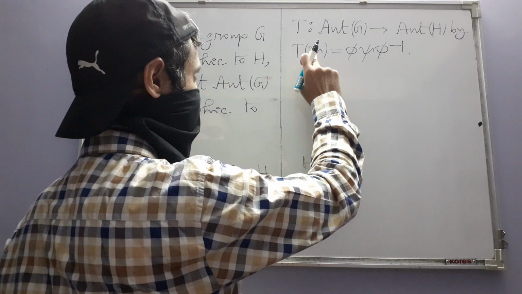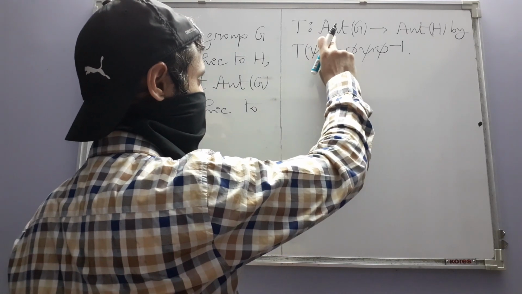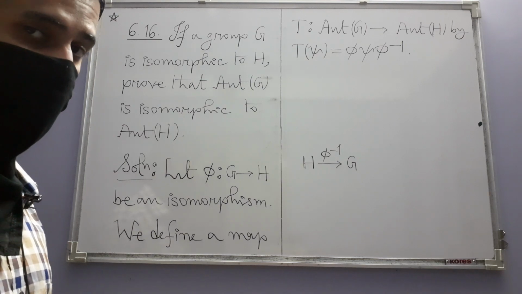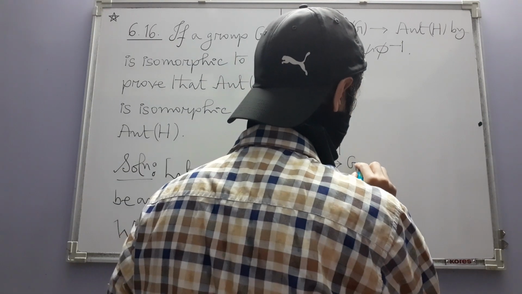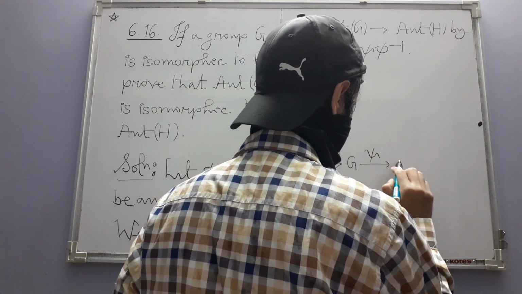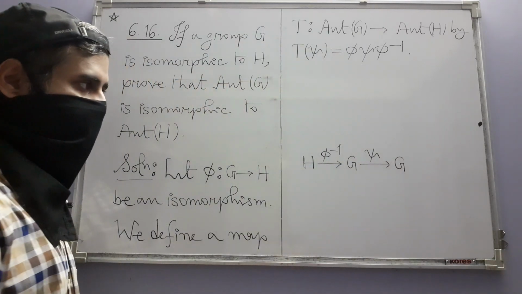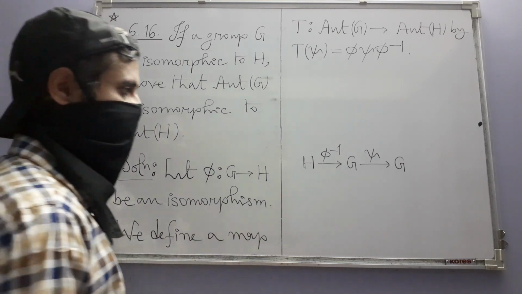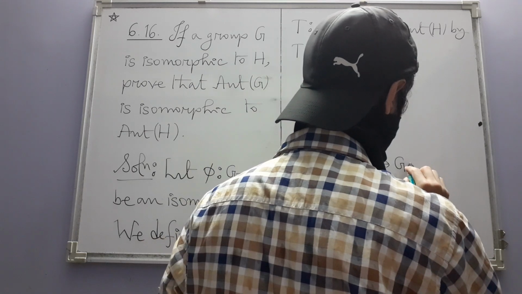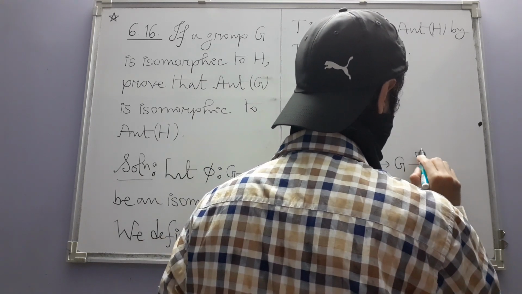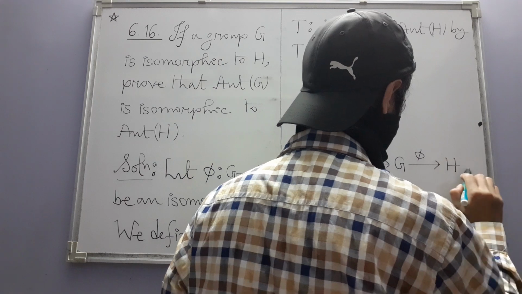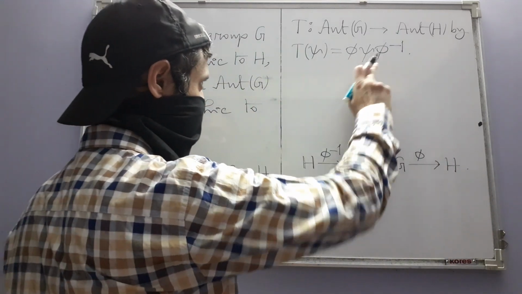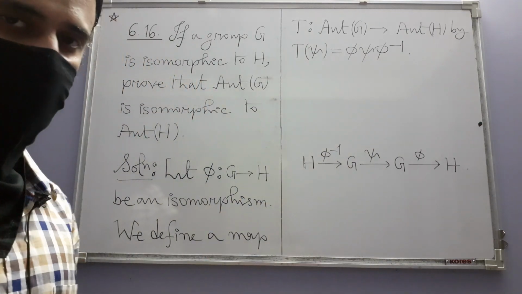And then this psi is our input. So it is coming from the automorphism group of G. That means psi is an automorphism of G. So it maps G into itself, and then after applying these two things, we apply phi, so that again takes us back to H. So yes, our composition is actually a map from H to itself.